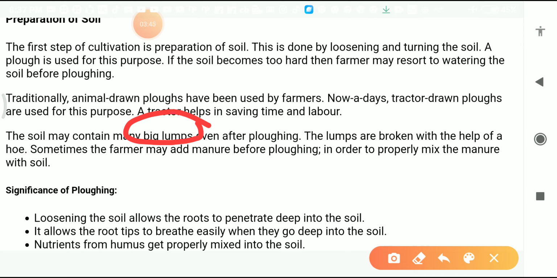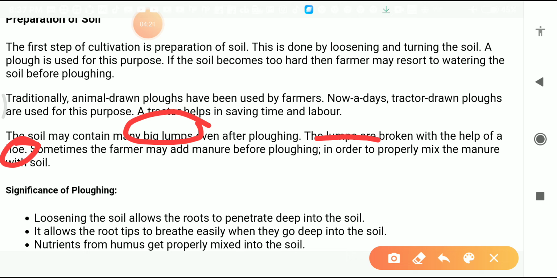We can break these lumps with the help of the hoe. Students, I already discussed the hoe. A hoe is a kind of implement which we use for removing weeds and for loosening the soil. Weeds are unwanted plants which grow in the main field.